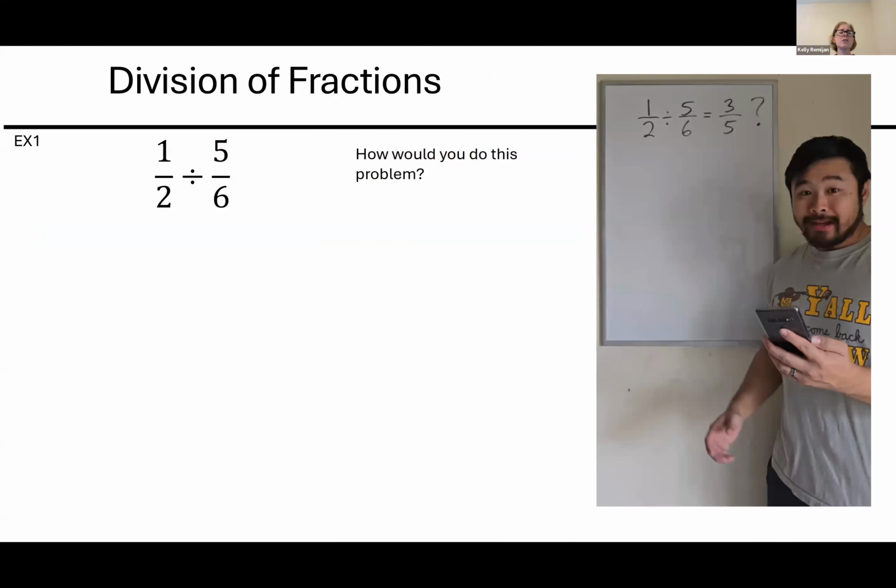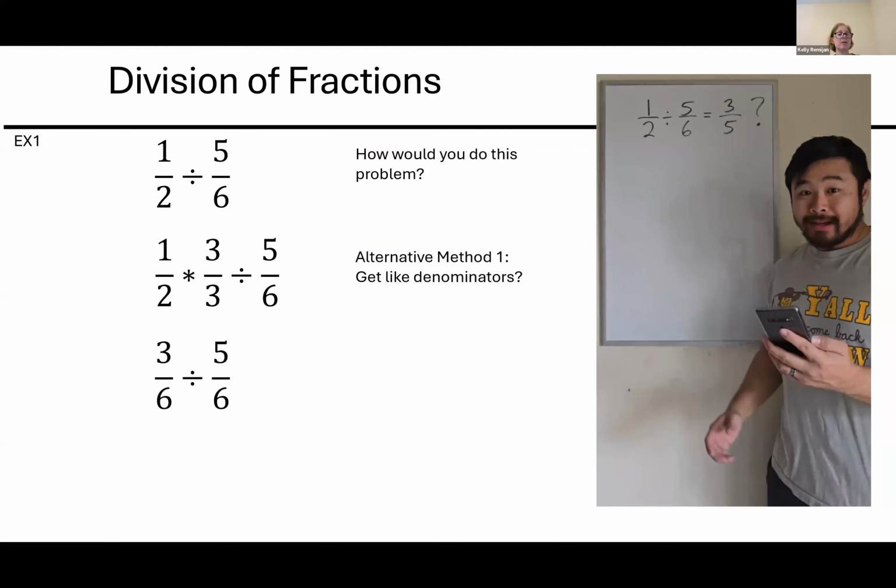Another way of looking at division of fractions is an alternative method, because a lot of people will teach this as division means multiply by the reciprocal. Well, another way of looking at this is to simply get like denominators. Most people don't teach it that way. Once we have like denominators, we divide the numerators, we divide the denominators, just like we would be doing across with multiplication.